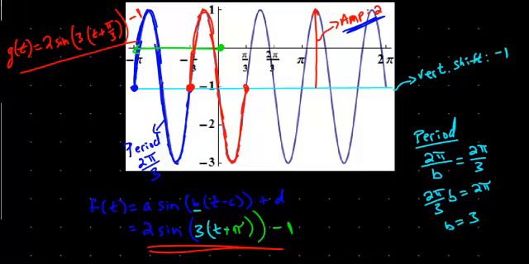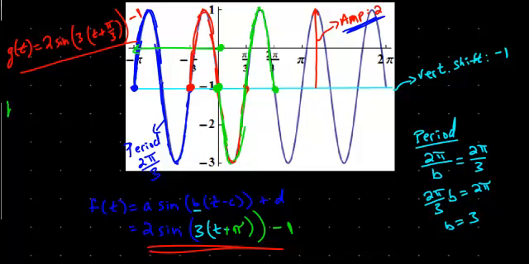We could do a cosine function. We could, let's see, let's just start here and go like that. I could think of that as a negative sine.